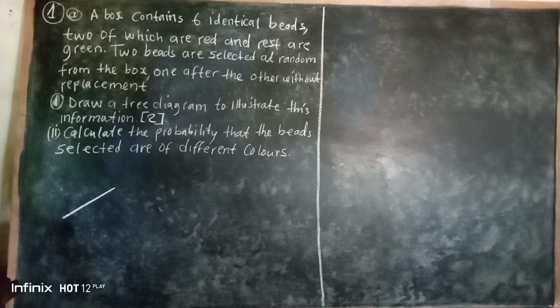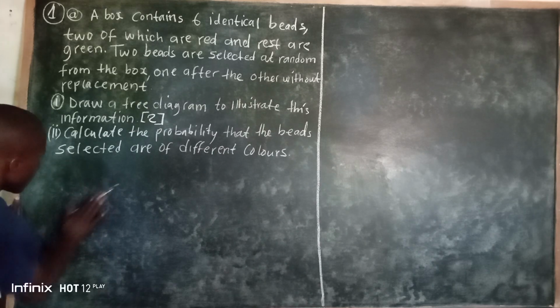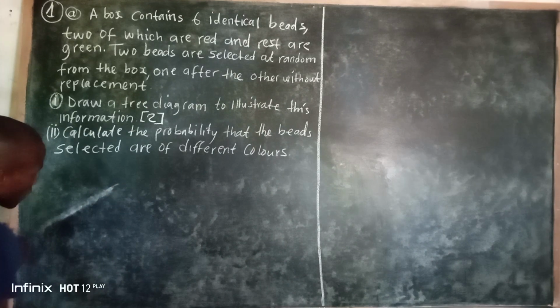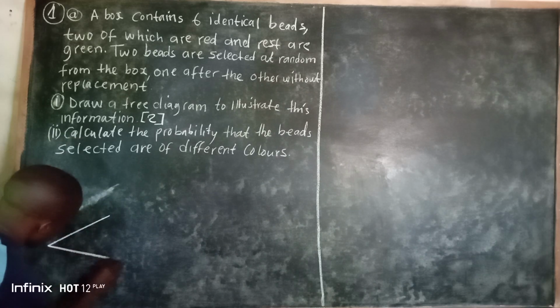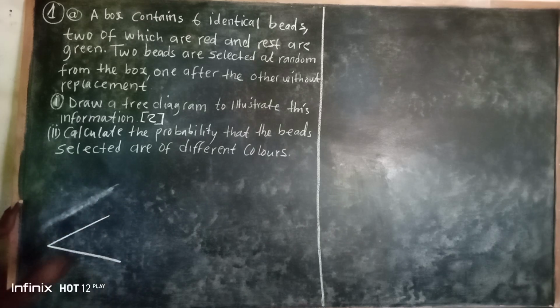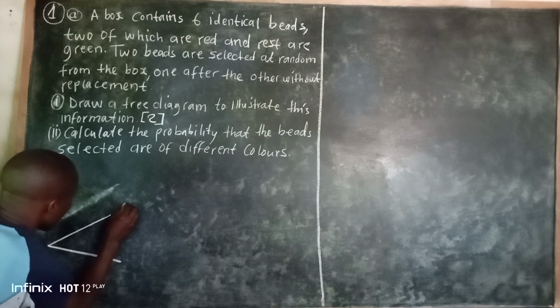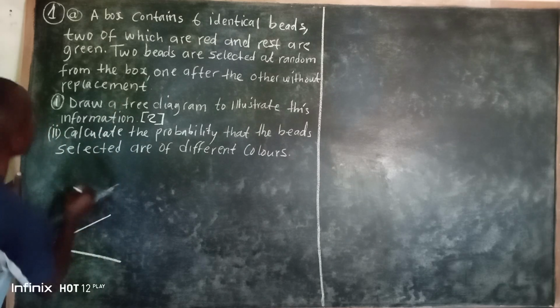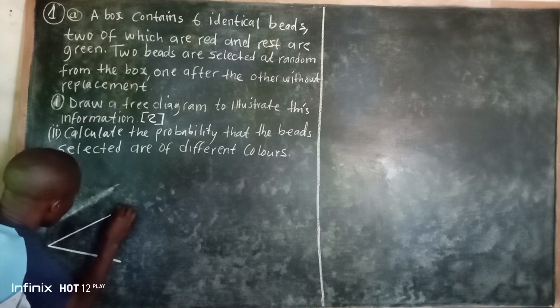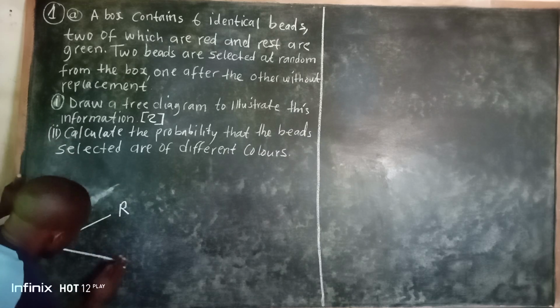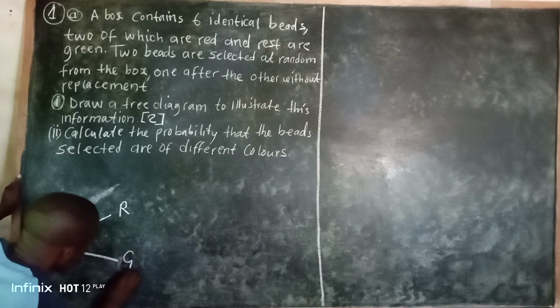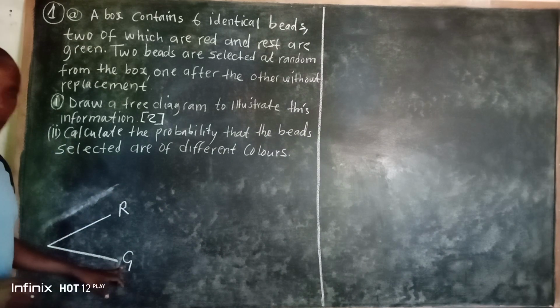We have one for red and the other one for green. We start with red because that is our first one. Red, we write in initials, R. Then we come to G, which represents green.